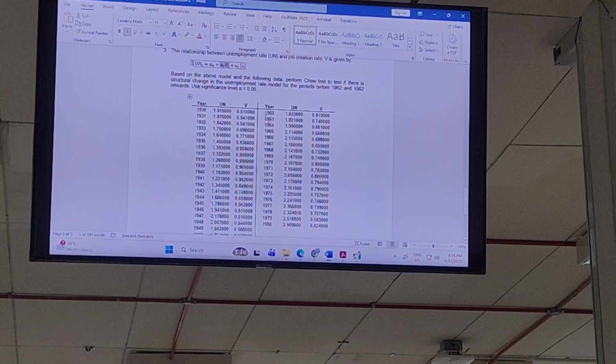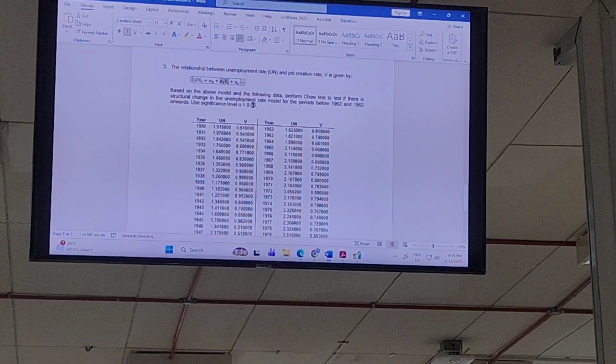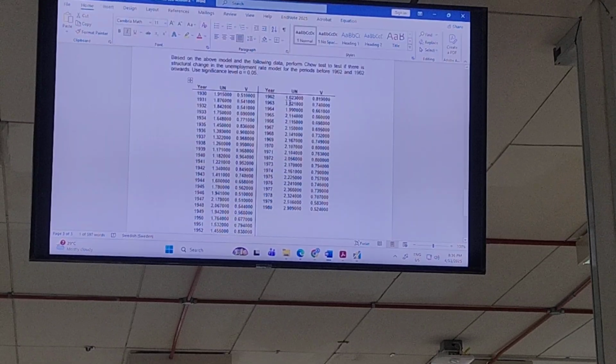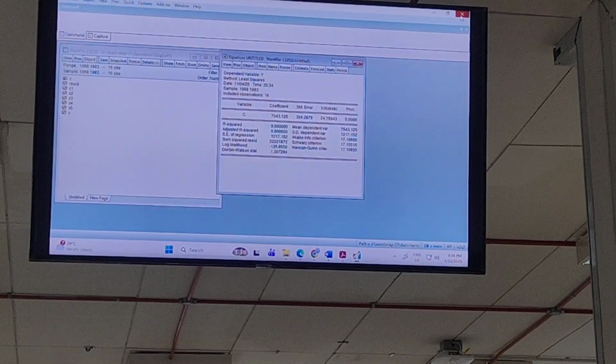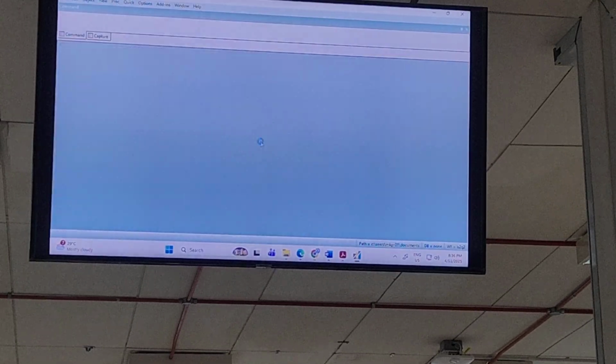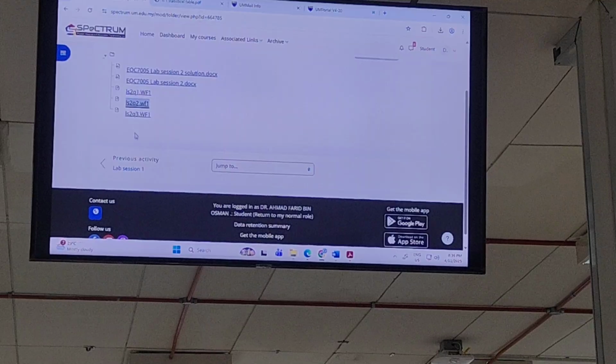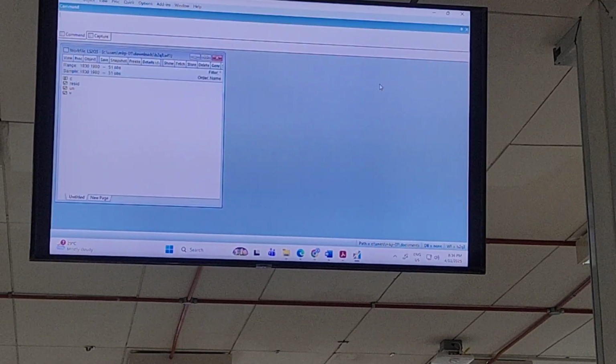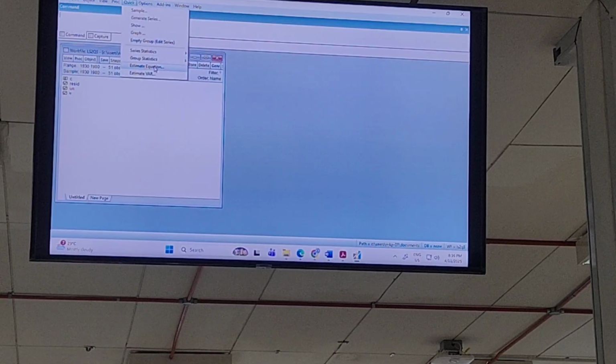So you need to test. Okay, if let's say we choose 1962 as a breakpoint, then you can perform the test. You open the data. So UN, unemployment, is our dependent variable. So estimate model, Quick, Estimate Equation.